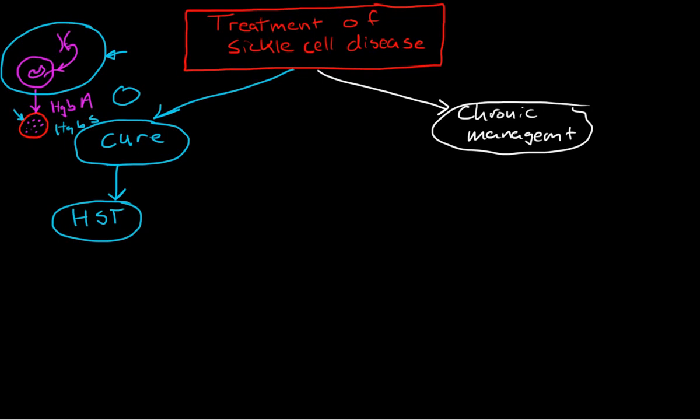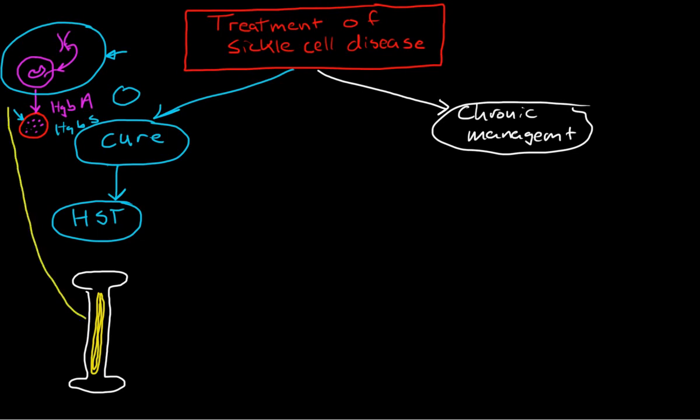Our bones are filled with marrow, and the bone marrow is where our hematopoietic stem cells live. This is where our erythropoietic stem cells live, and where the immature red blood cells are transformed into mature red blood cells and put out into the bloodstream.